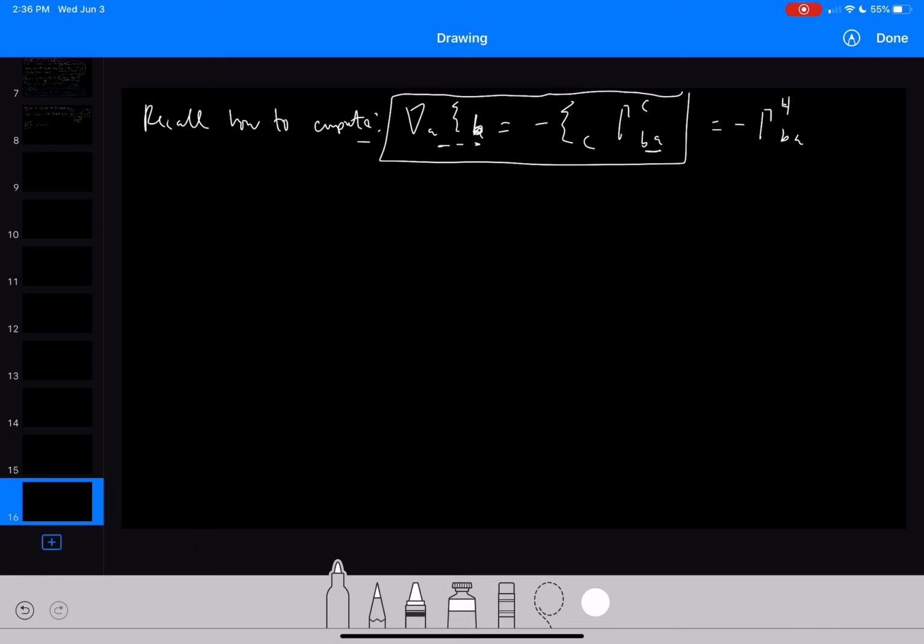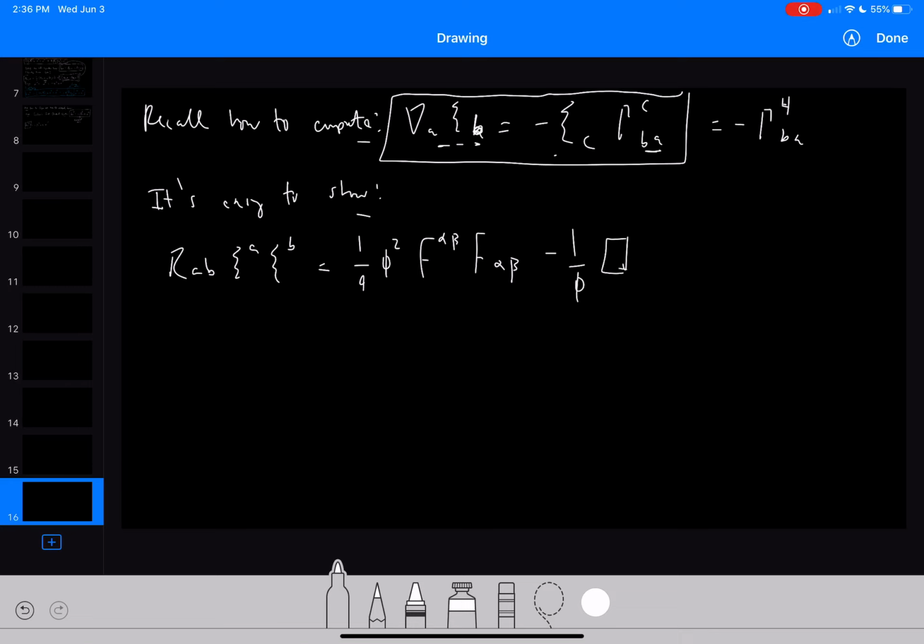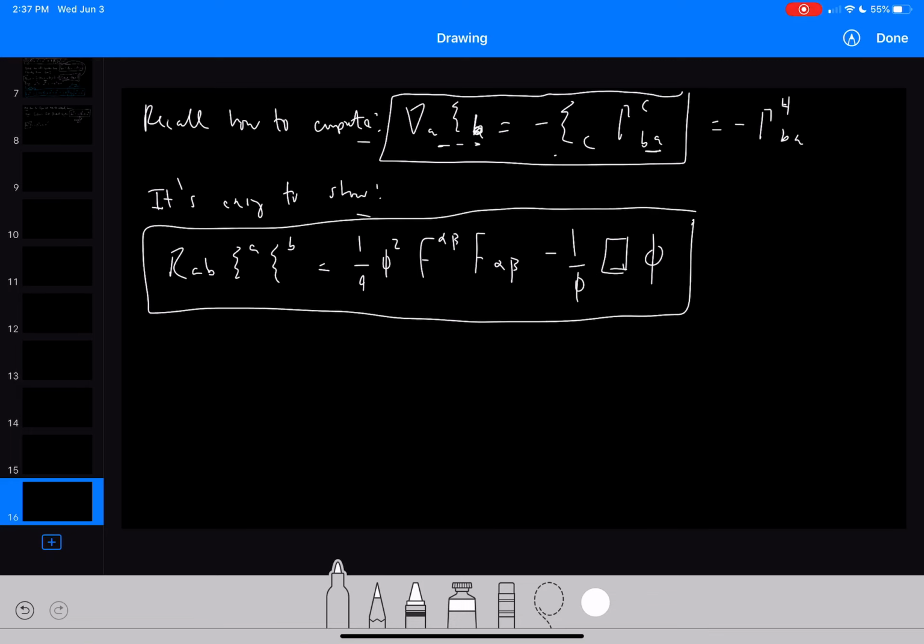Given this, it's very easy to show that contraction that we were temporarily puzzled with, because now we have this definition here. This is equal to 1/4 phi squared F_{alpha beta} squared minus 1/phi times the D'Alembert operator acting on phi. The box is the D'Alembert operator, which is just a wave operator.